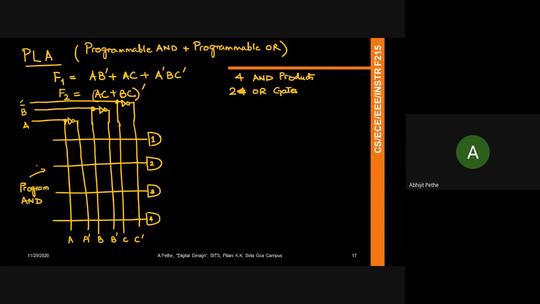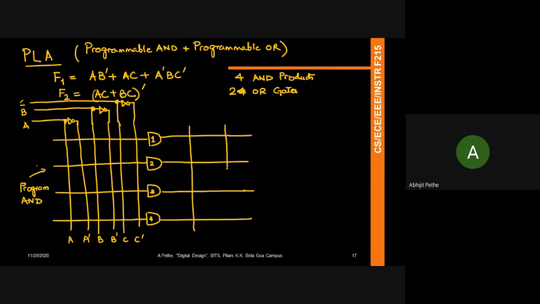So what you have now, coming out of the AND gates, is the OR array. The way we represent the OR array is, we represent it using the other dimension. Again, this is a programmable OR, right?